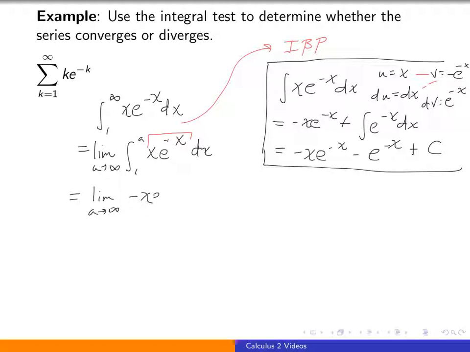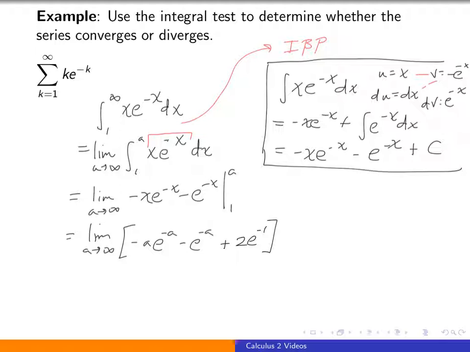So that would be minus x e to the minus x minus e to the minus x, and we're evaluating from 1 to a. So we plug in x equals a, so that would be minus a e to the minus a minus e to the minus a, and when you plug in x equals 1, you will have minus 1 e to the minus 1 minus e to the minus 1. So we have minus 2 e to the minus 1, which becomes, so plus 2e to the minus 1.